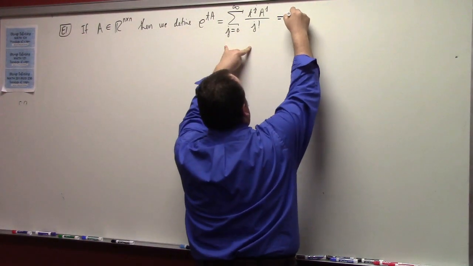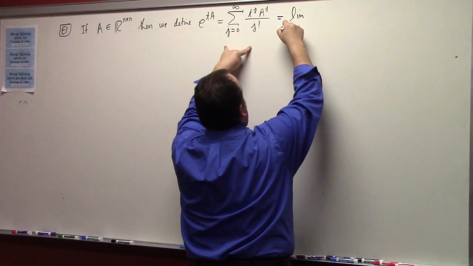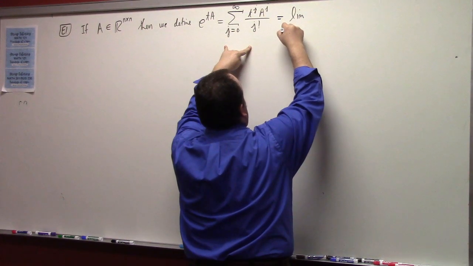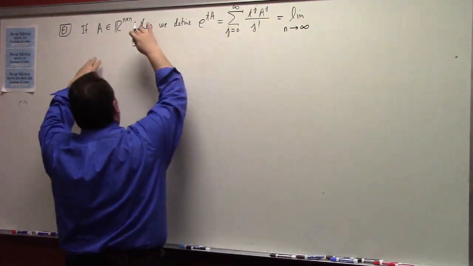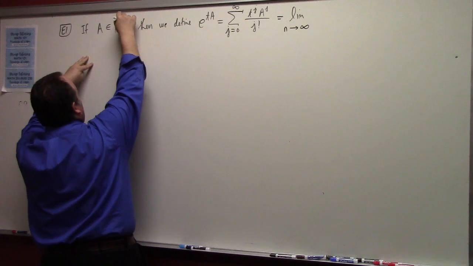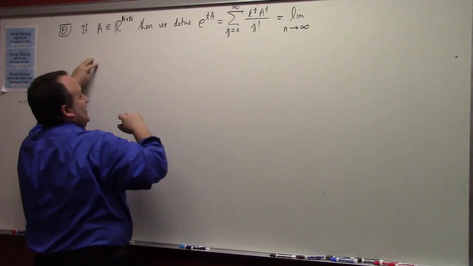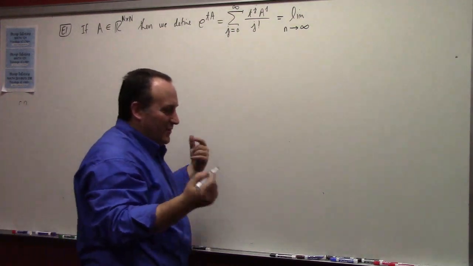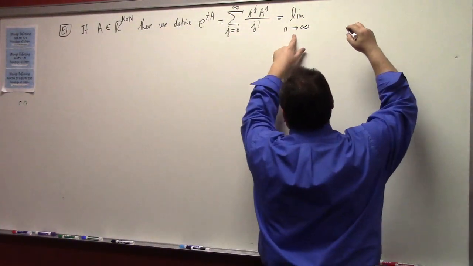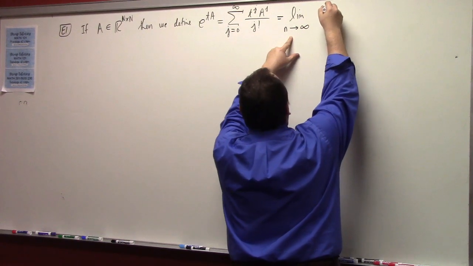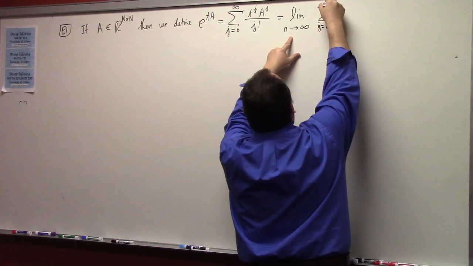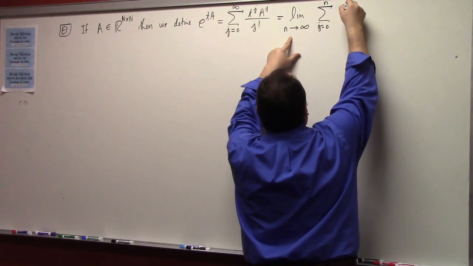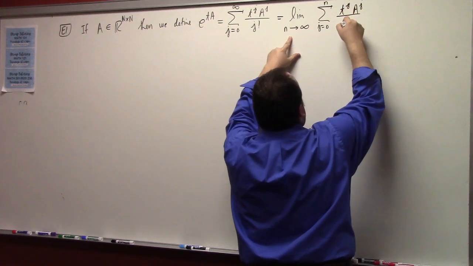This means the limit as n goes to infinity of the sum j equals 0 to n of t to the power j, A to the j, divided by j factorial, right? I'm using a capital N just to avoid confusion, since I don't want it to be the dimension of the matrix.